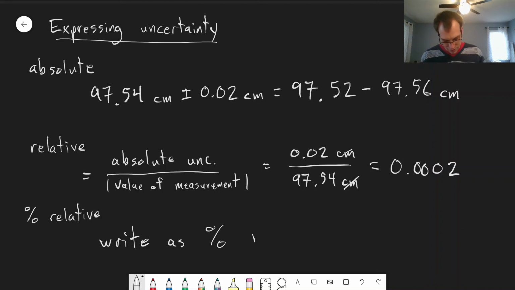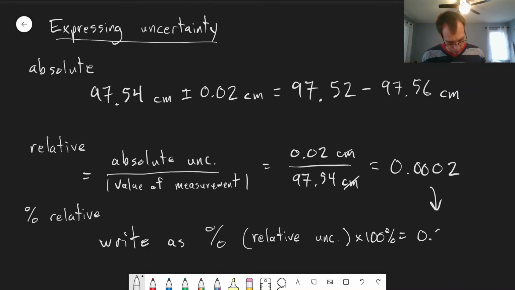So basically you just take the relative uncertainty times 100%. For this example, we get 0.02%. So our uncertainty is plus or minus 0.02%. And that's how we would write out this uncertainty for this value.